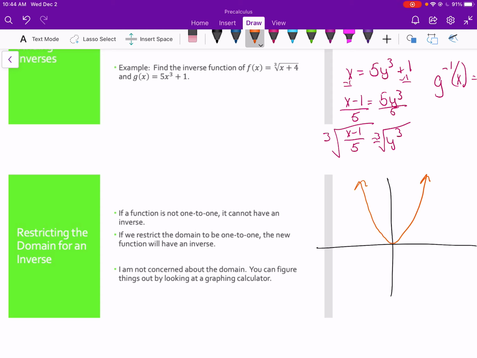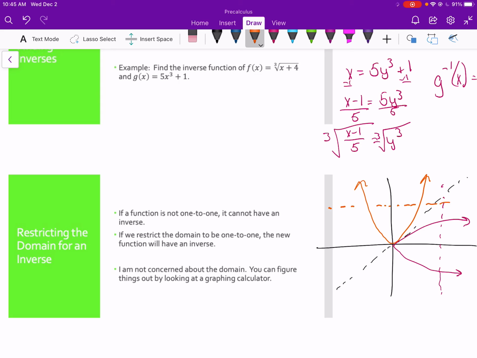We said that inverses are symmetric over the line y equals x, so our inverse actually looks like this. The problem is that the inverse is not actually a function, because it fails the vertical line test. That's because our original failed the horizontal line test.